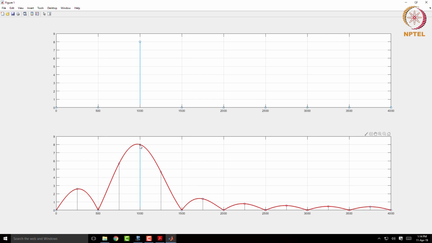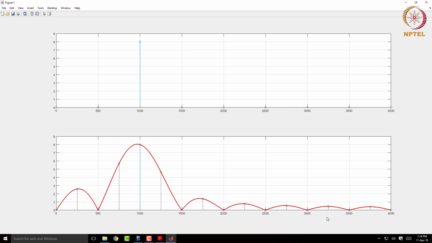You sampled it at this point and got the peak at the frequency of 1000 hertz, and every other sample in the top plot corresponds to the sampling of the zero crossings. So, that is why in this plot you had only one non-zero value, and every other value of the DFT was 0, because you are sampling the underlying DTFT precisely at the zero crossings.